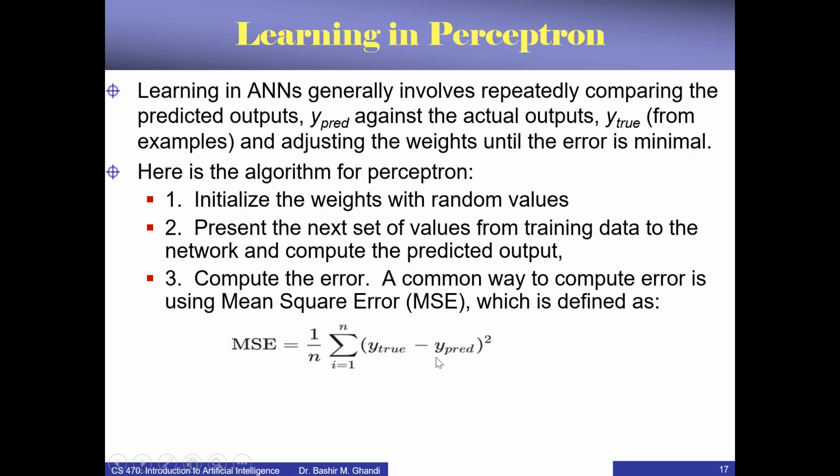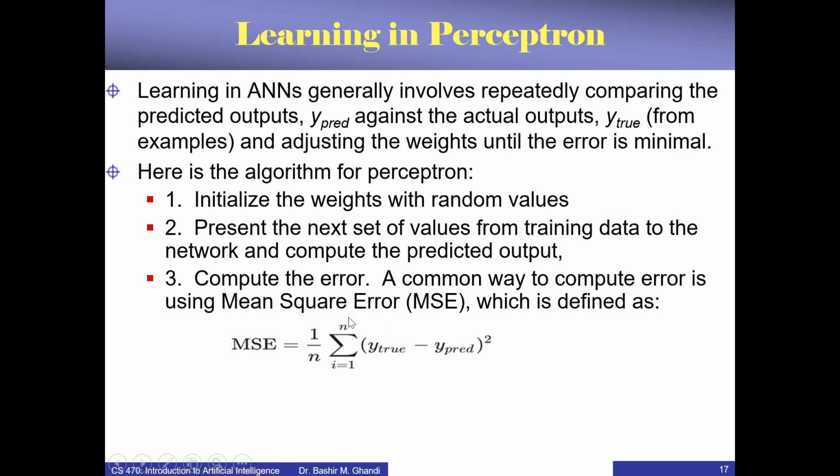The (y true minus y pred) squared is actually what is called the squared error. Normally you take this across all the inputs that you have in the training data and take the average. So that's why we are adding all of them here across the input data values and then taking the average. This will give you the mean square error.